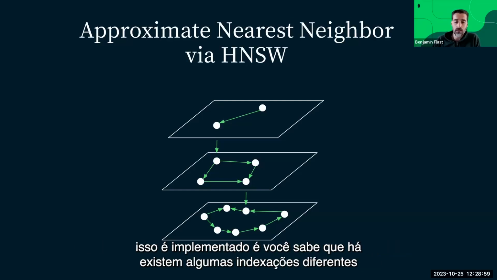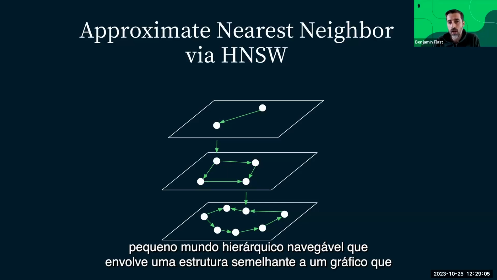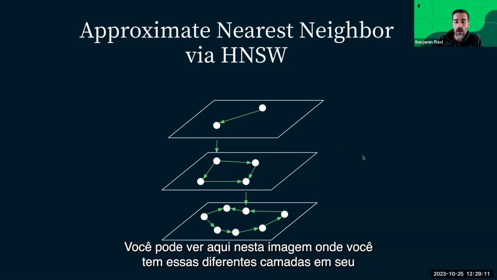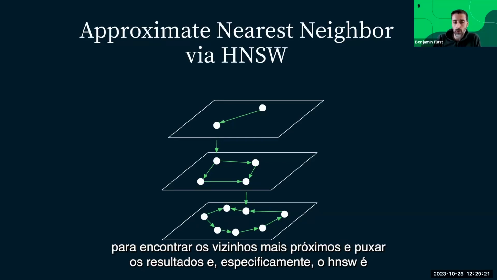The way that this is implemented is, there are a couple of different indexing strategies out there, but one of them is called HNSW, which stands for Hierarchical Navigable Small World, which involves a graph-like structure that you can see here in this image, where you have different layers to your index, and you go into a specific layer, and then you traverse through the layers to find the nearest neighbors and pull out the results.